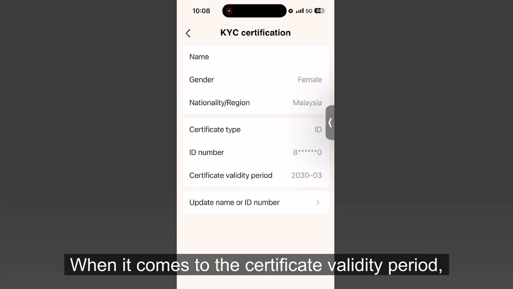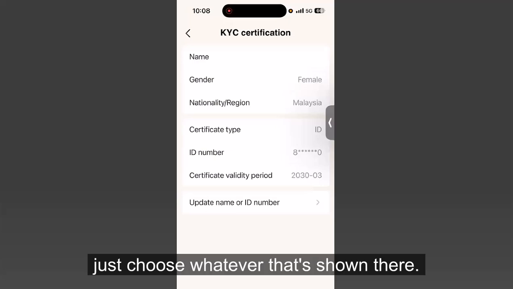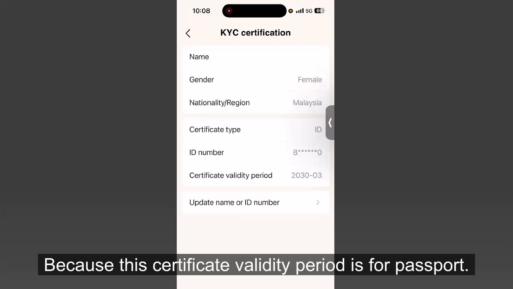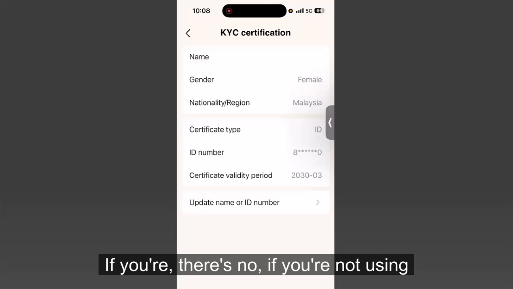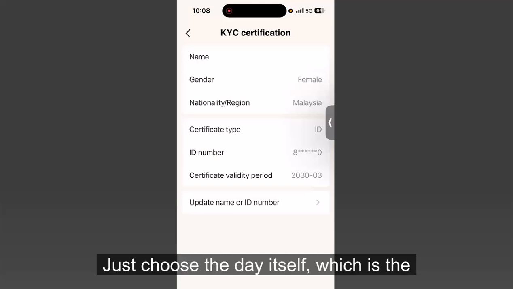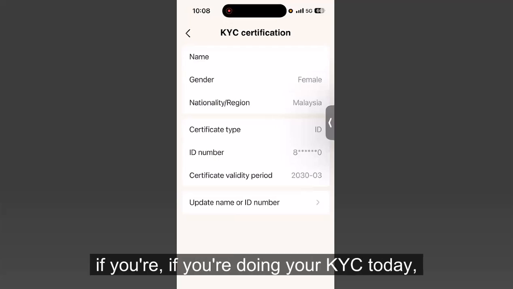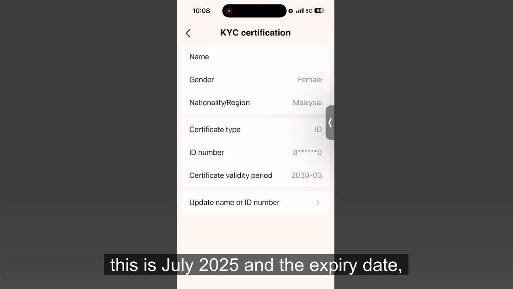When it comes to the certificate validity period, just choose whatever is shown there, because this certificate validity period is for passport. If you are not using a passport, then forget it. Just choose the month itself, which, if you're doing your KYC today, is July 2025, and the expiry date and the issue date are the same.